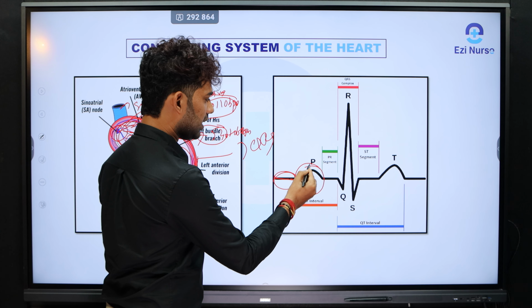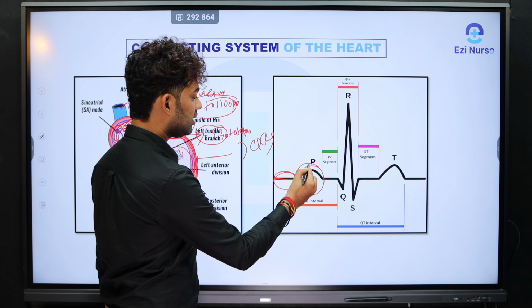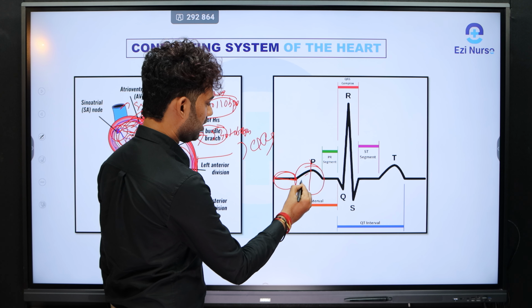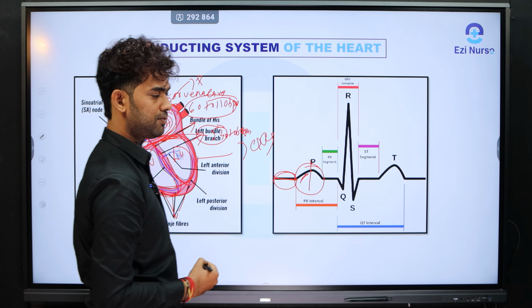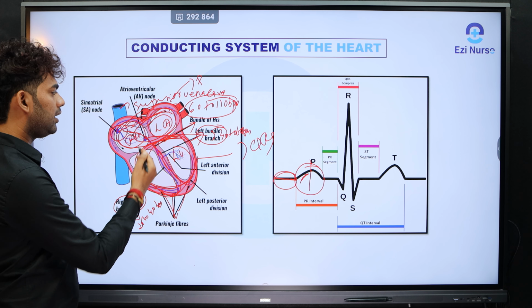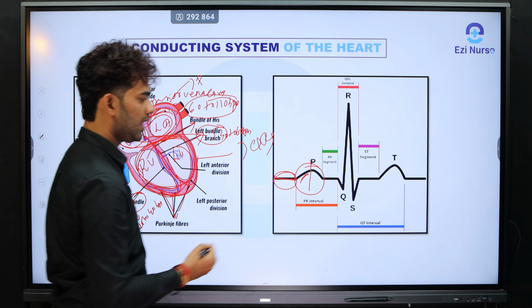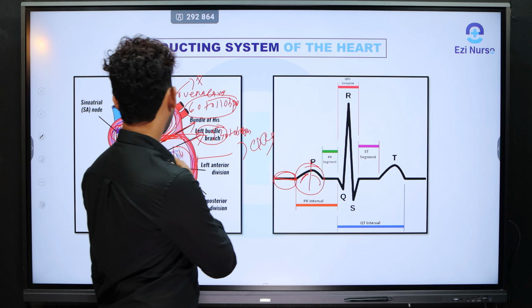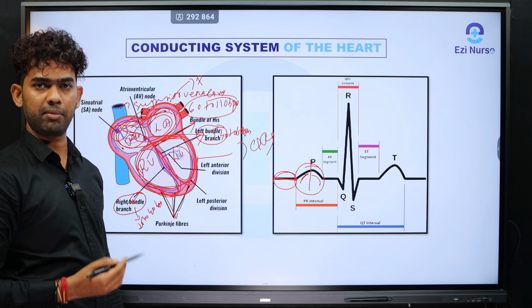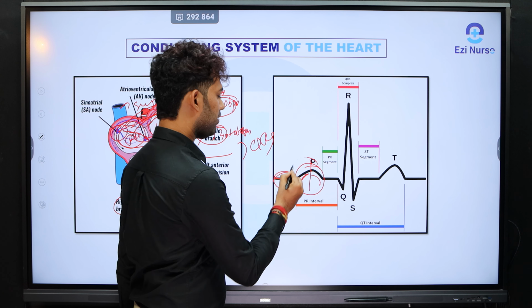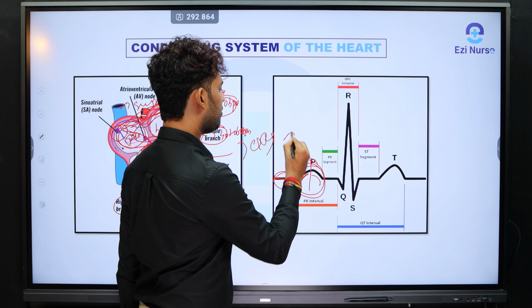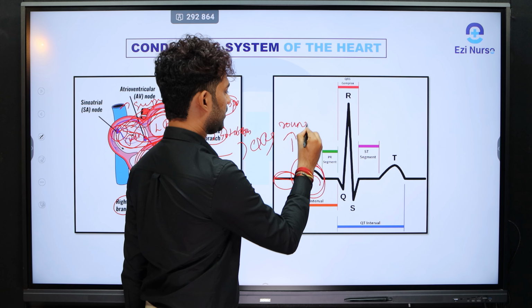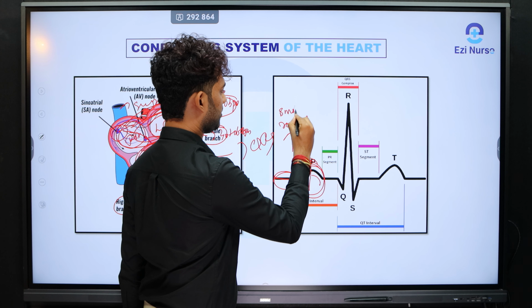As a result of the right atrial contraction, half of the P wave is forming. Then the left atrium is contracting, and again the other half is forming. When the right and left atria have contracted, the complete P wave is formed. The P wave will be a small round shape.